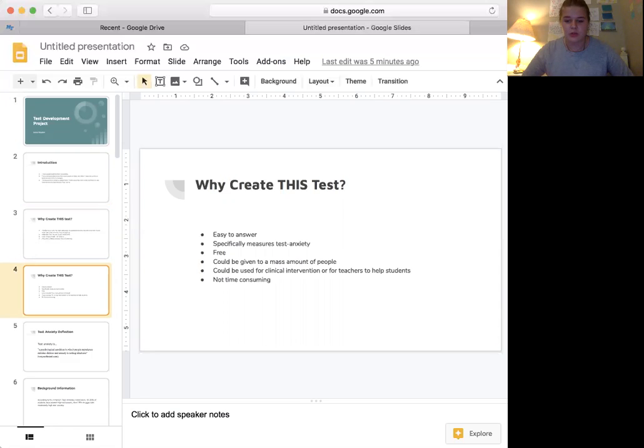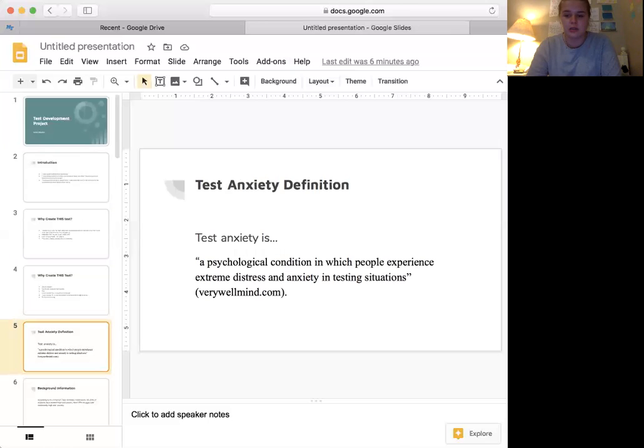It could be given to a mass amount of people. It could be used for clinical intervention or for teachers that want to help students with exams, tests, homework, anything like that. And it is not time consuming at all. It is very brief and quick, which I think is important for something like this.